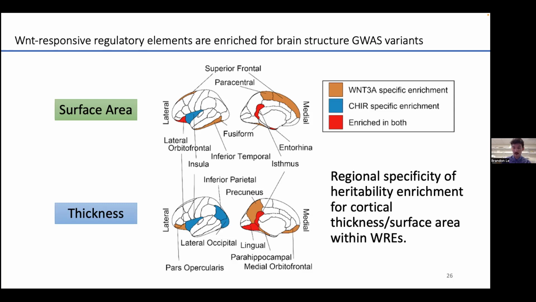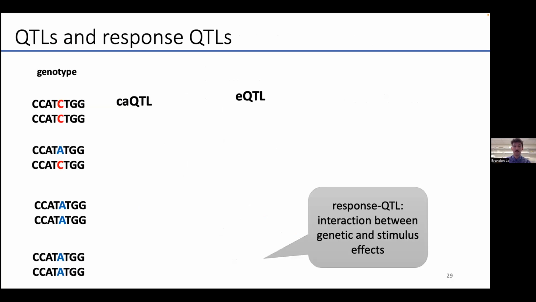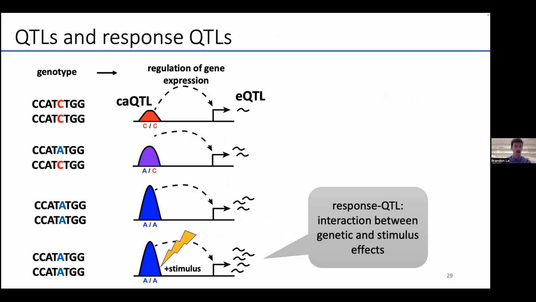So from here, we wanted to map genetic effects on both chromatin accessibility and gene expression. So we wanted to get at QTLs. And since we have this context specificity to our experimental design, we were also able to identify a special category of QTL that we're calling response QTLs.